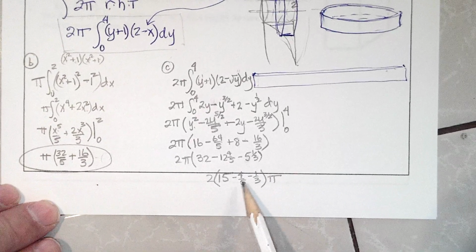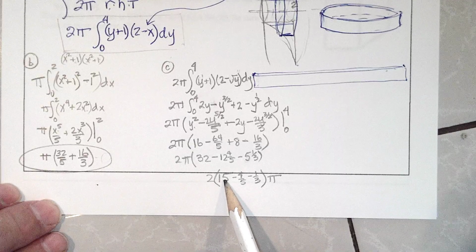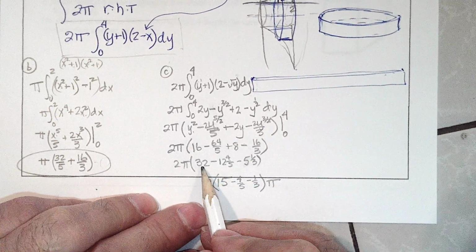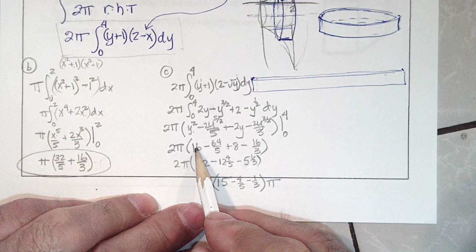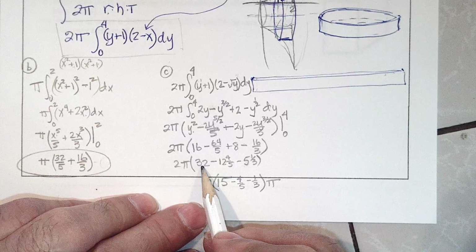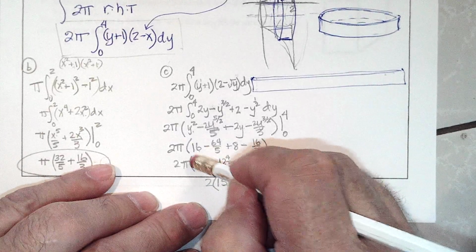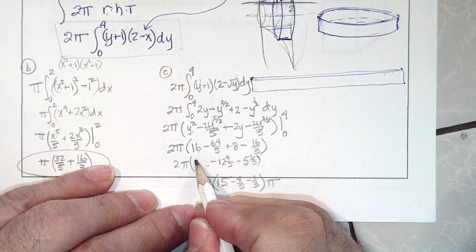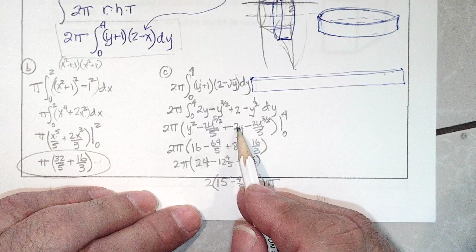So the common denominator is 15. So 15 times, how did I get 32? 16 plus 8 is not 32. Don't do that. 24. And that is plus, isn't it?